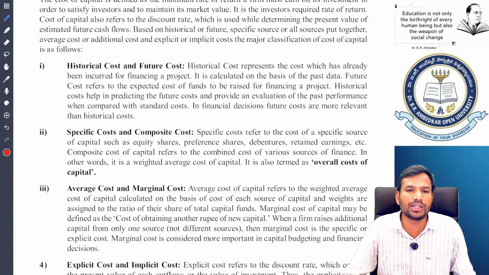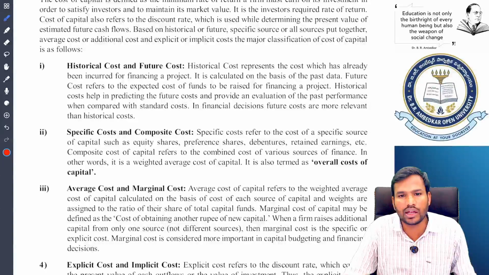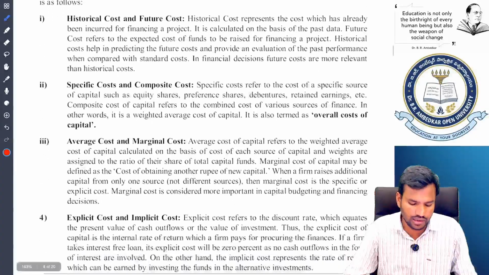Specific source means such as equity, preference, debentures, retained earnings. Composite capital refers to the combined cost of various sources, in other words, weighted average cost of the capital.